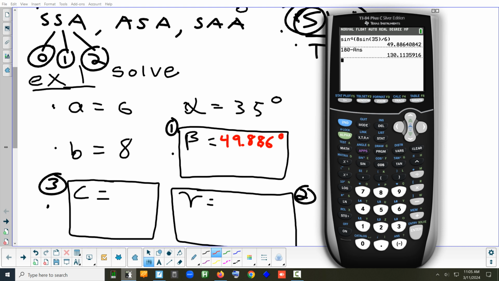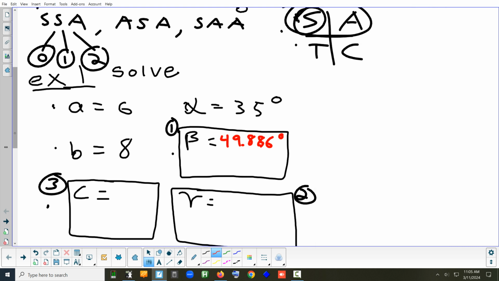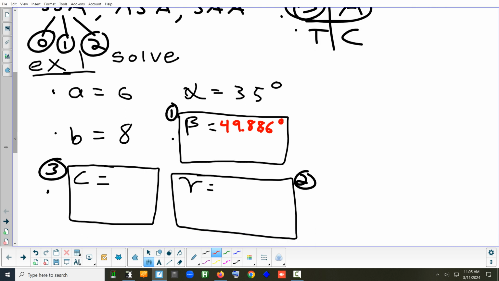It does not add up to more than 180 with the one you started with. If this second answer was like 160, then I would say no, it doesn't work, because 160 plus 35 is too much. But this time it fits. If the first angle you get is less than the first angle that you have, then you can stop right there. But if it's bigger, it will fit.